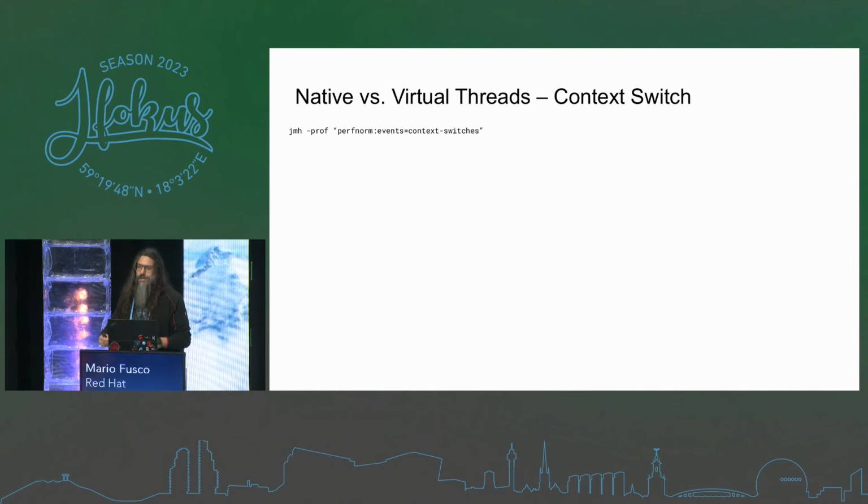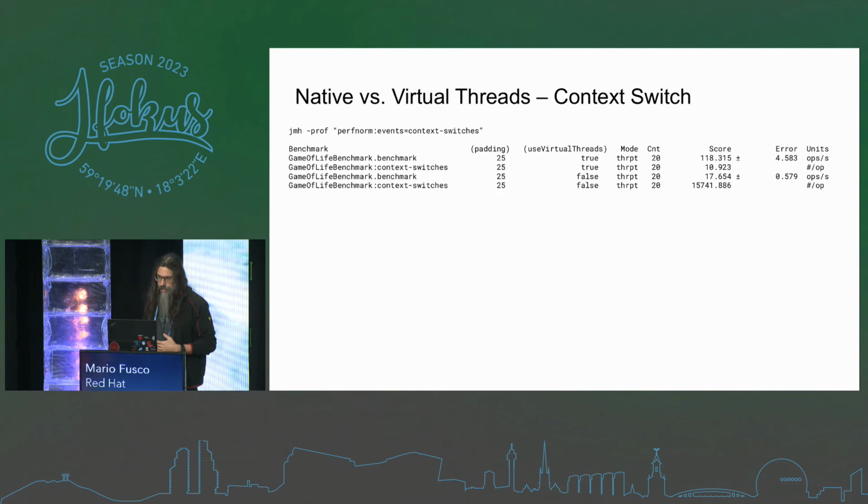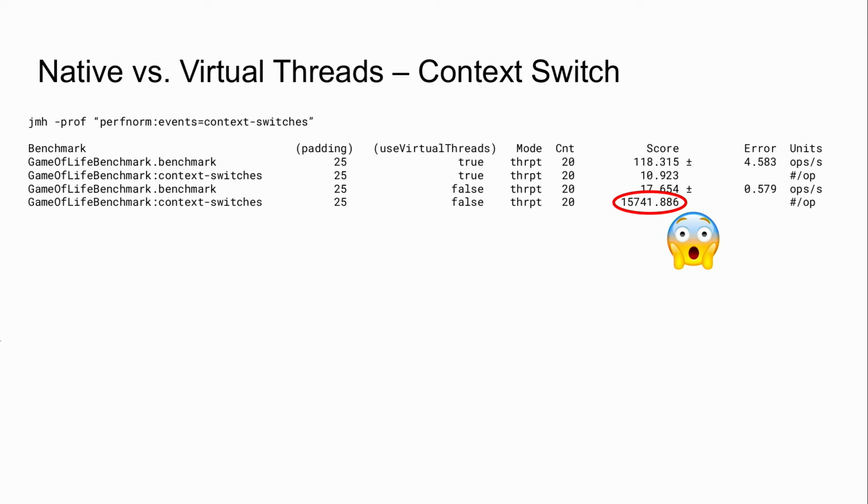And if you do this, the difference is dramatic. In 1 second, you see that with virtual threads I had around 10 context switches, and with native threads I had around 50,000 context switches. So this is the huge difference, right?